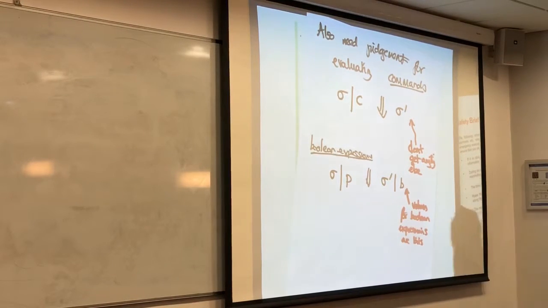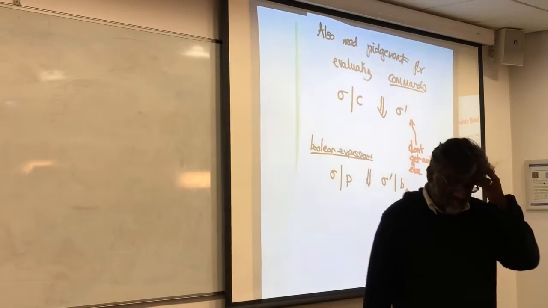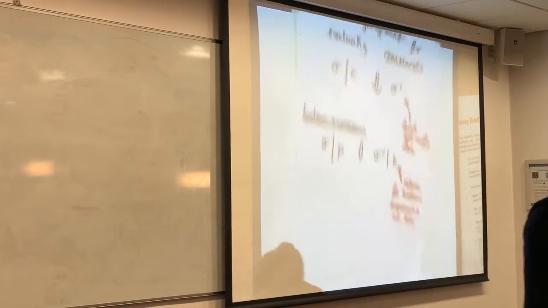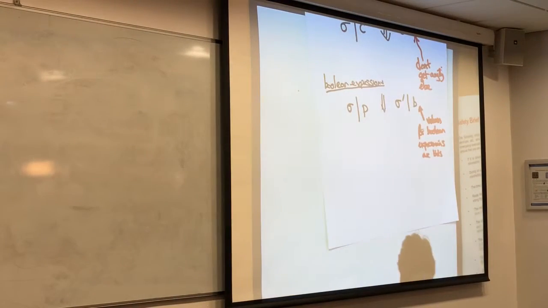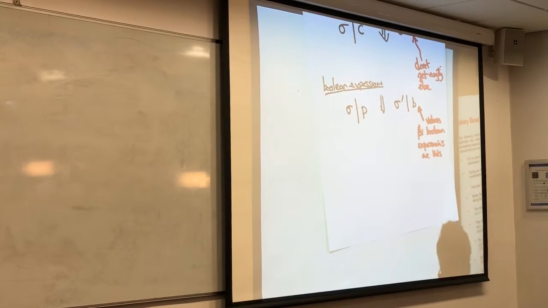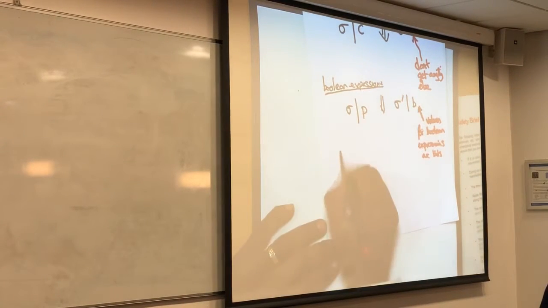And finally, if I'm not mistaken, there's blocks. Remember, a block is just a list of commands. It's like, x equals x plus 1, y equals x plus 2. That's 2 commands, it's a block. So we need judgment forms for blocks.